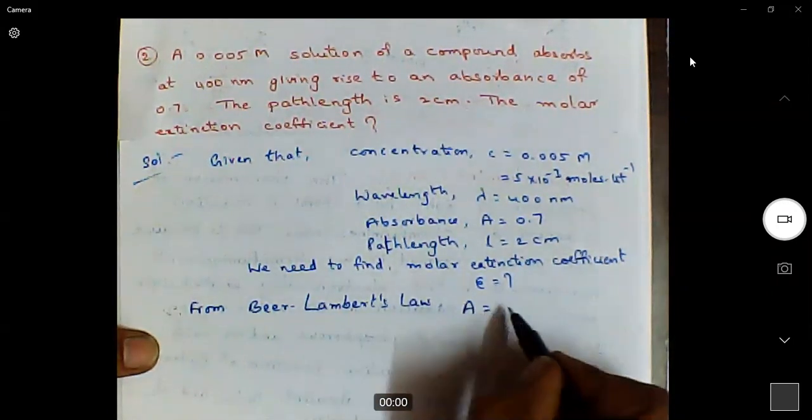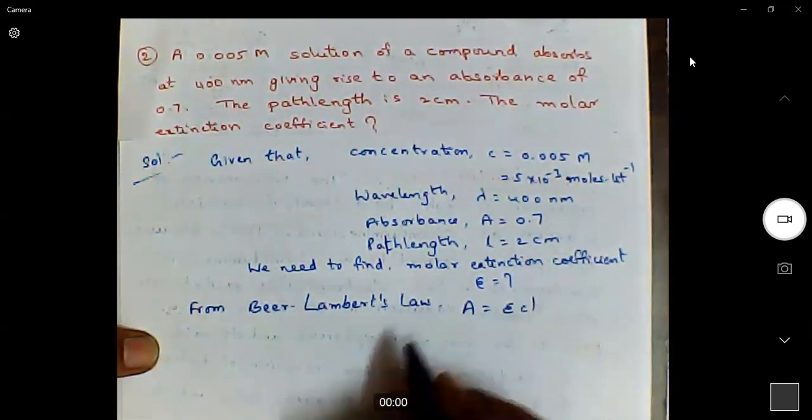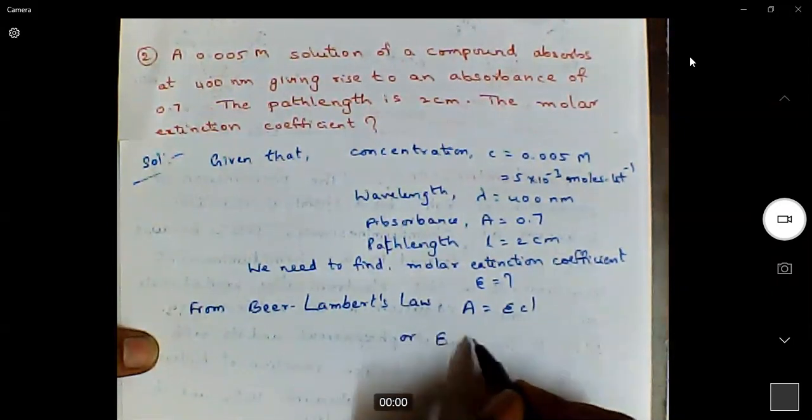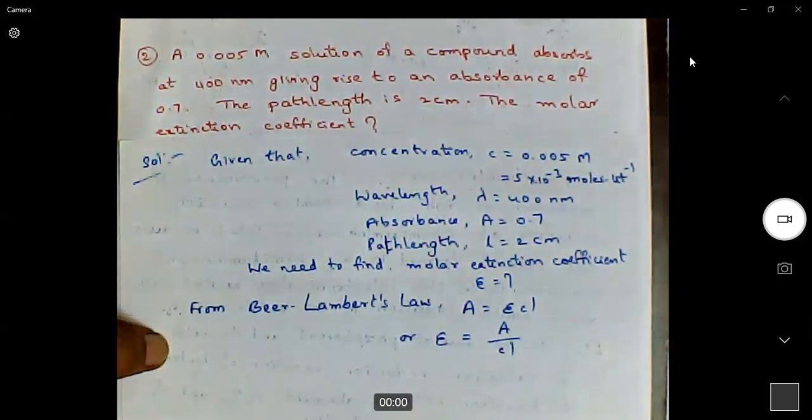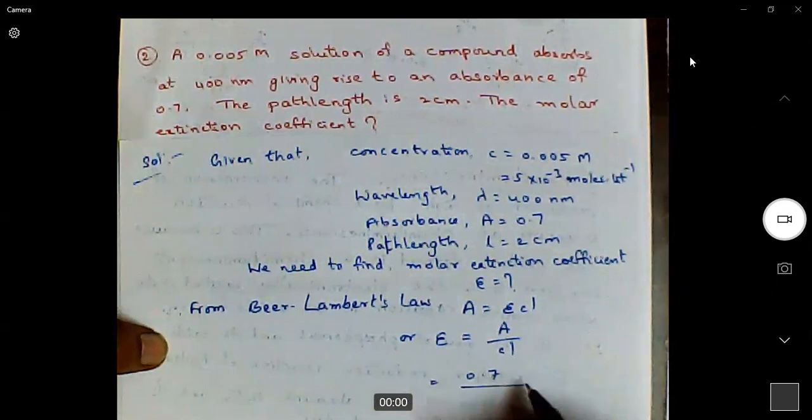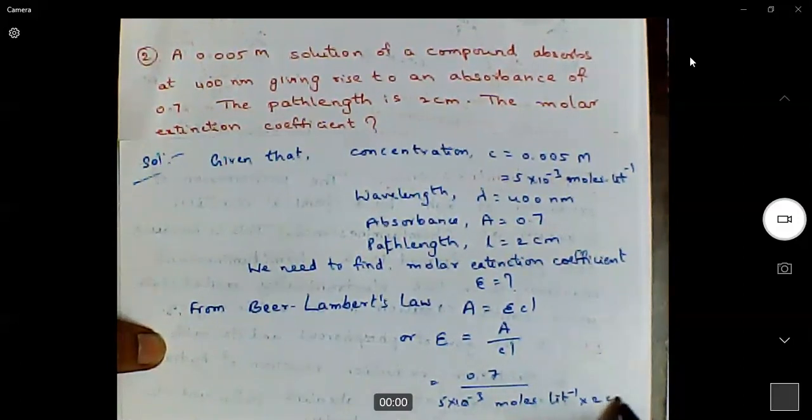A is equal to epsilon C L. We need epsilon value, so A by C L. 0.7 divided by 5 into 10 power minus 3 moles per liter into 2 centimeters.